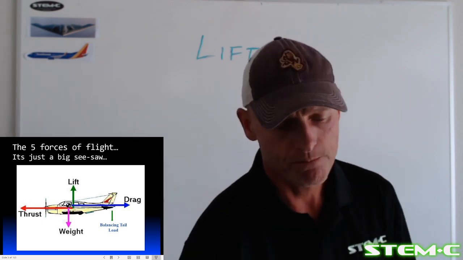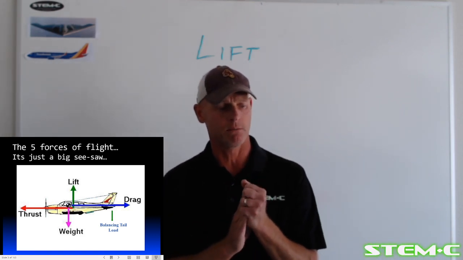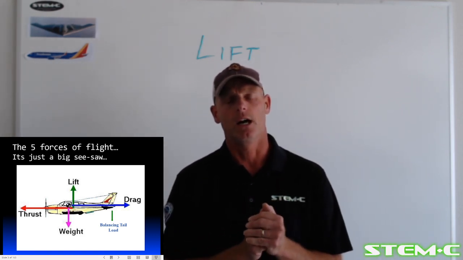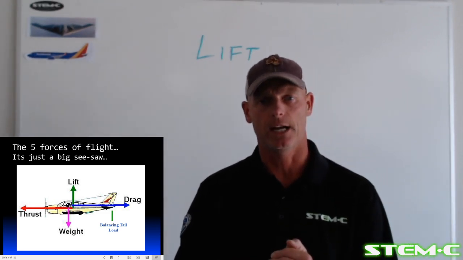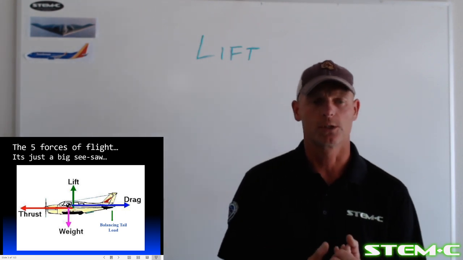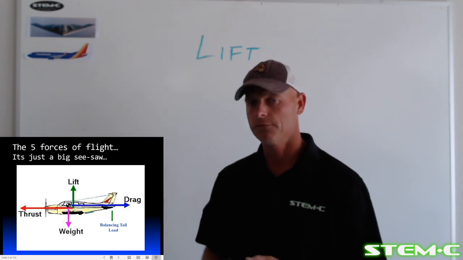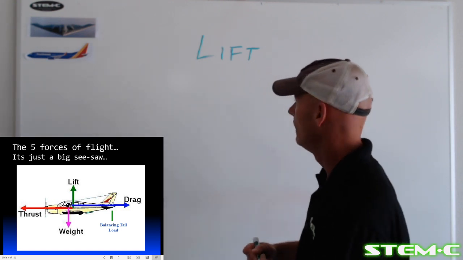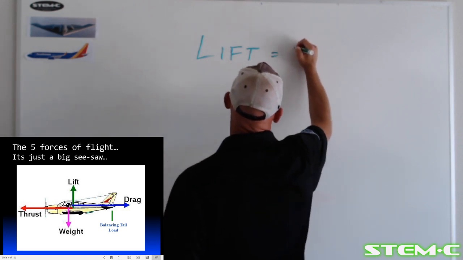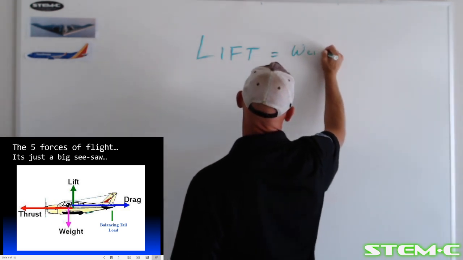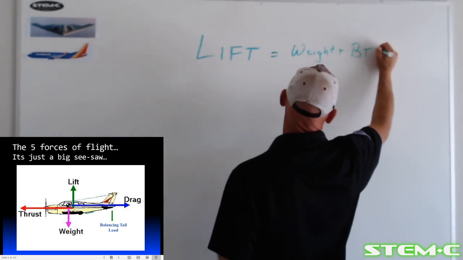Anyway, something else just to answer some questions that came up in the comments last time. Somebody asked about lift and what that total force vector of lift represents. The total force of lift is equal to the weight of the airplane plus the balancing tail load.